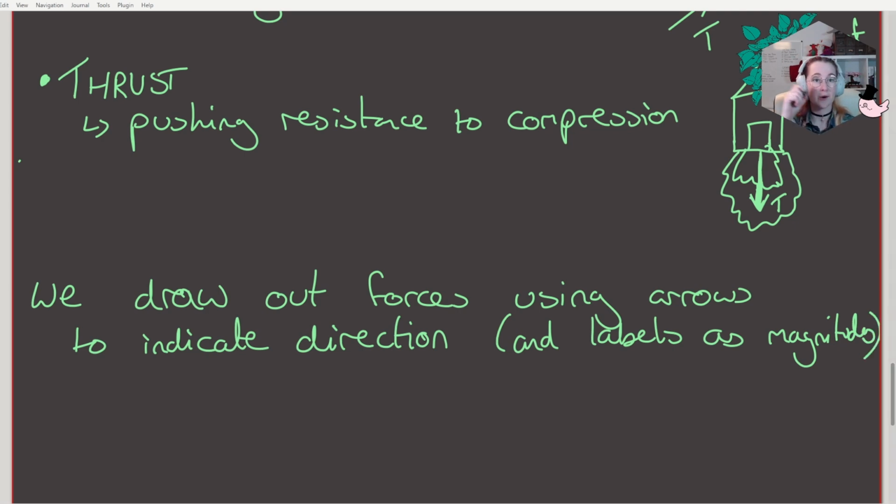What I was doing there, labeling them T, F, R, those are the magnitudes, so that we would substitute that with a number. And then the direction that it's pointing is the direction of the force vector.